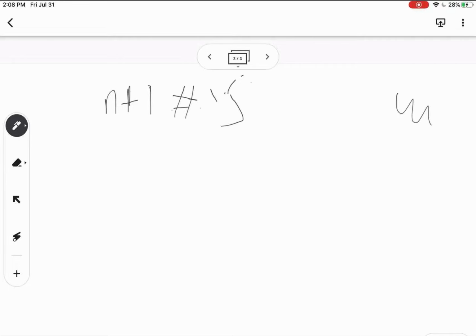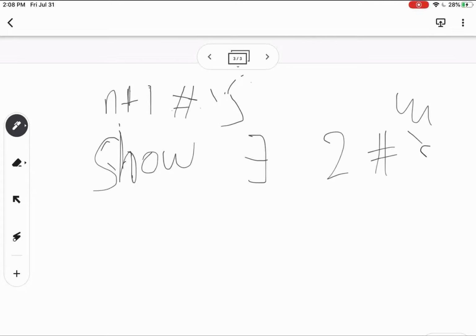we want to show there exist two numbers, a and b, from our n plus 1 numbers, where n divides a minus b.